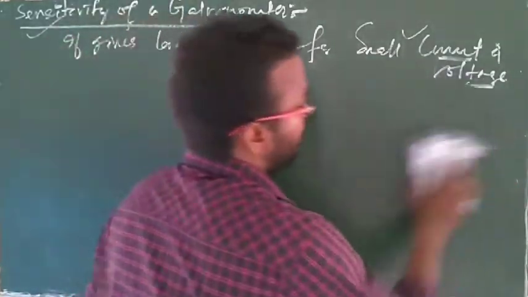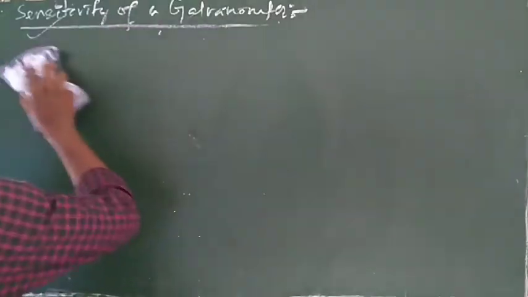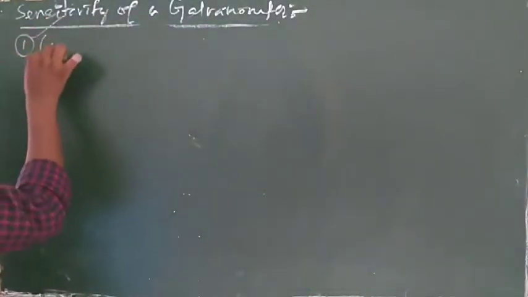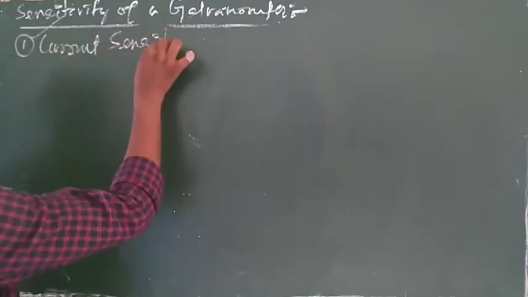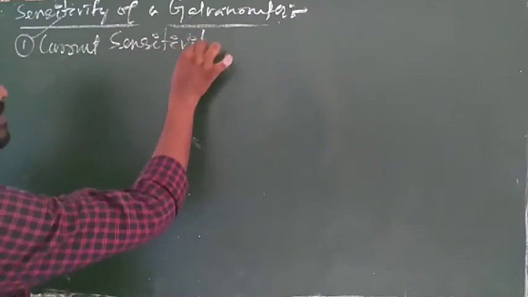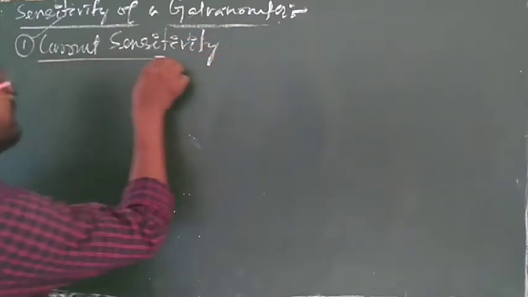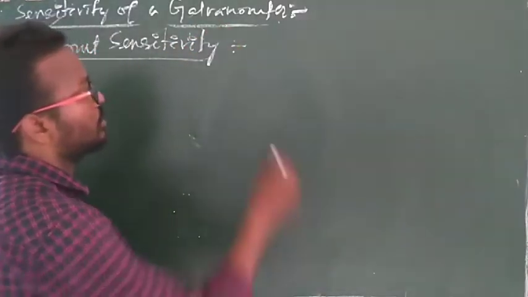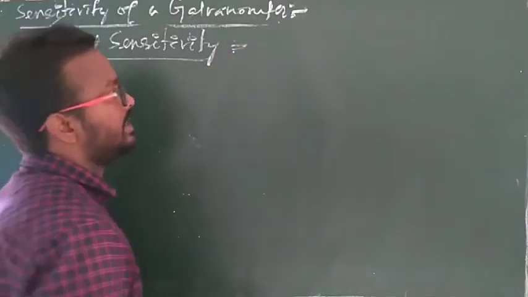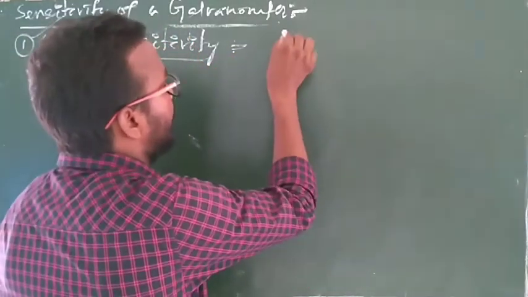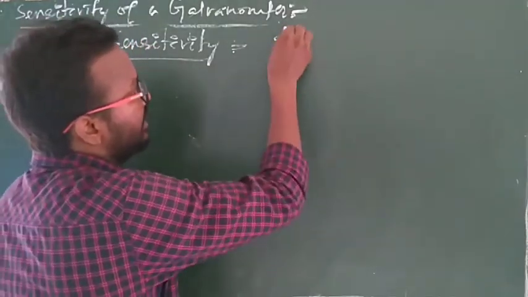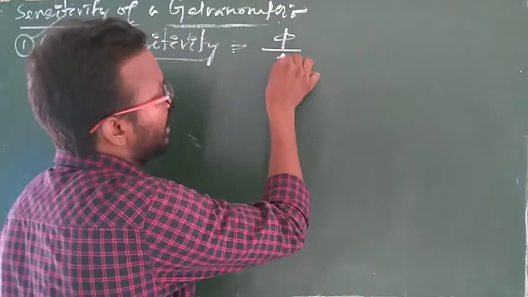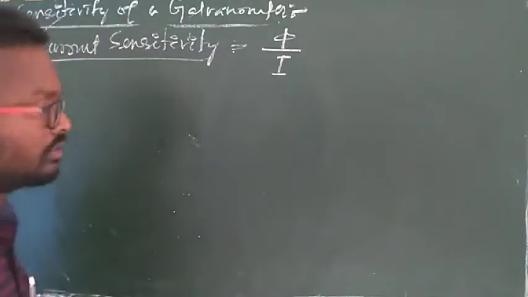Clear? So there are two types of sensitivity of a galvanometer. First we have to discuss what is current sensitivity. Current sensitivity is defined as the angle of twist developed divided by a small amount of current flowing through the coil.